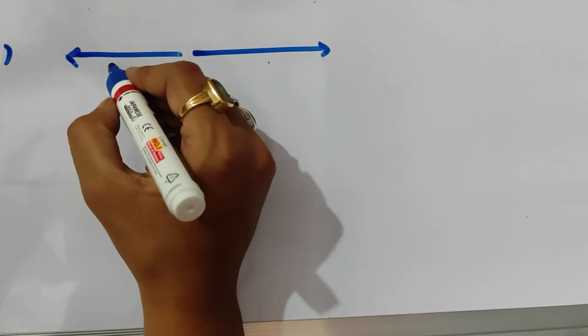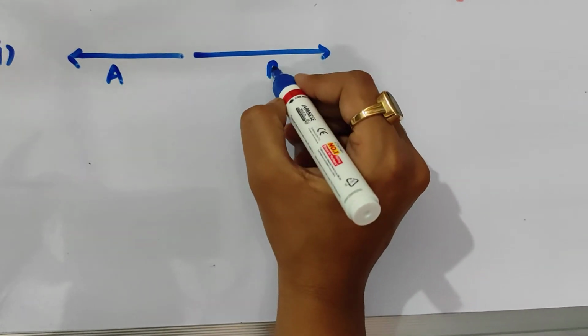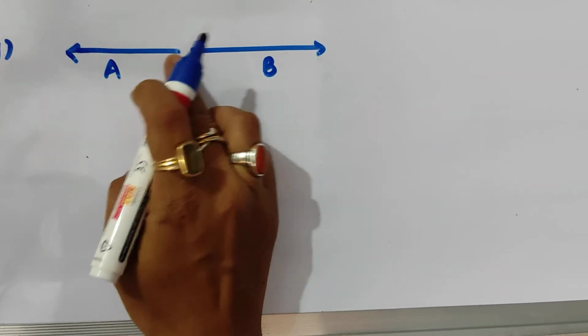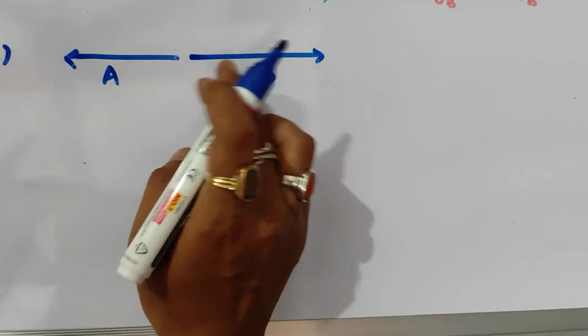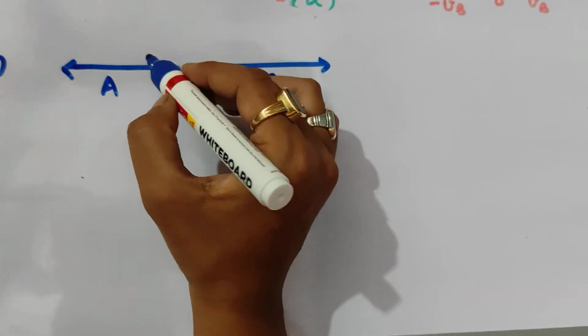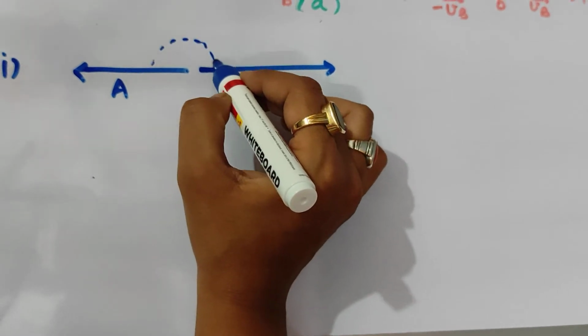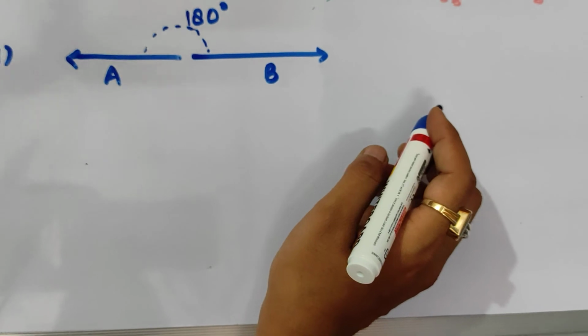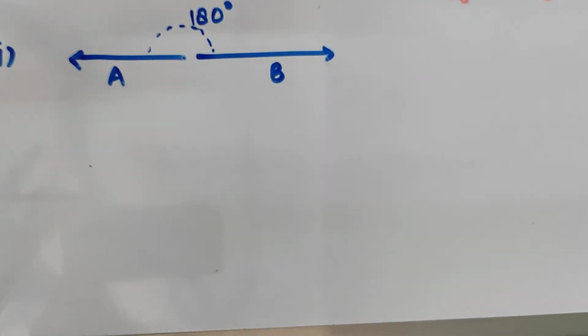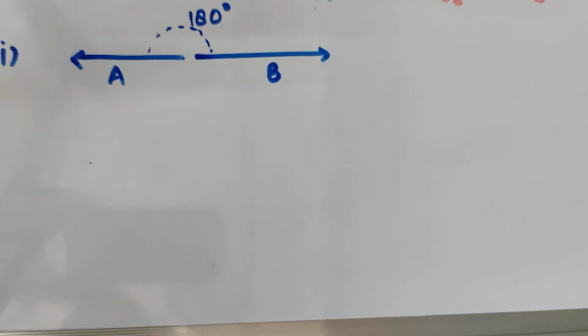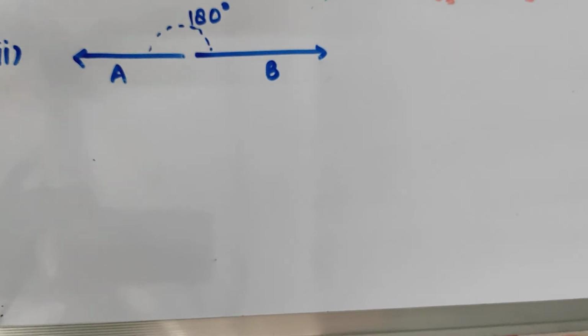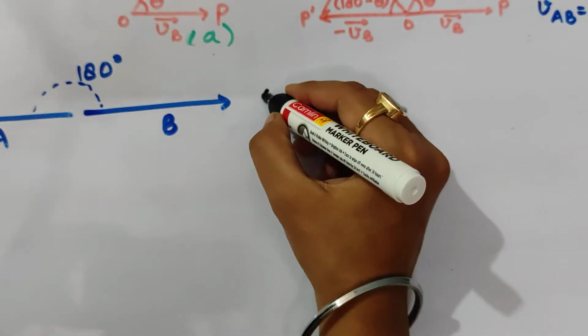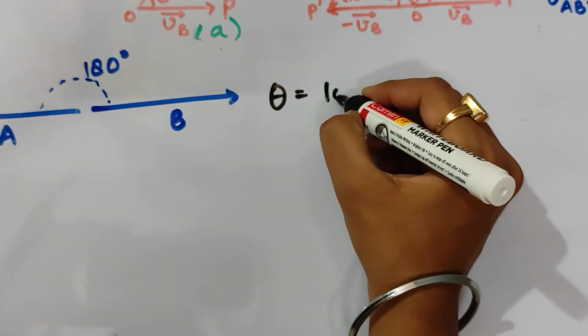Let us suppose this is body A and this is body B. They are moving along parallel straight lines but in opposite direction, and if we find the angle between these two, it will be equal to 180 degree. So theta will be equal to 180 degree.